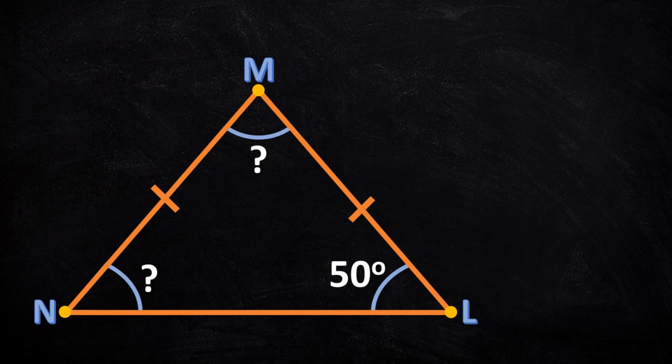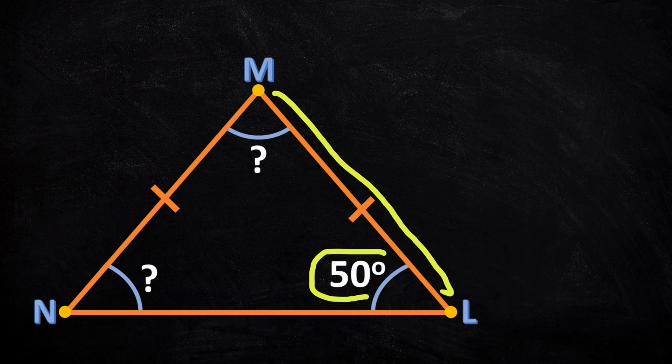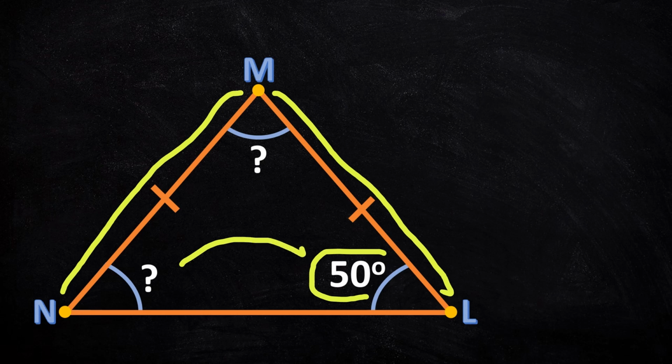Hello, people. In this triangle, we only know one angle, but don't worry because this is an isosceles triangle, and isosceles triangles have two identical sides, and the angles opposite to those sides are also identical.